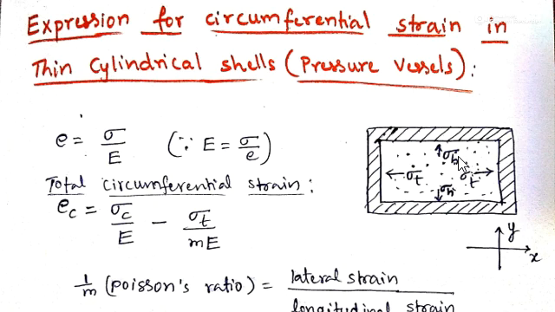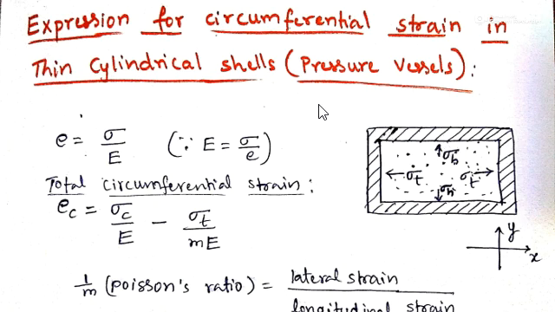It is represented by sigma h or sigma c. The stress acting along the lengthwise direction will produce longitudinal strain, and the stress acting along the circumferential direction will produce the circumferential strain.